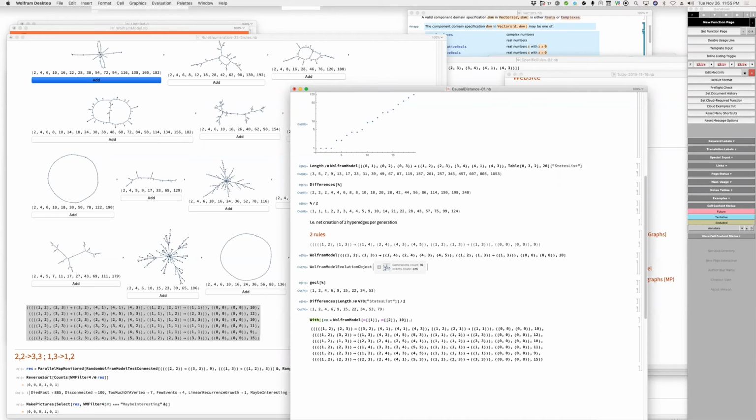Yeah, I think only the second rule. I mean, the second pair of rules.